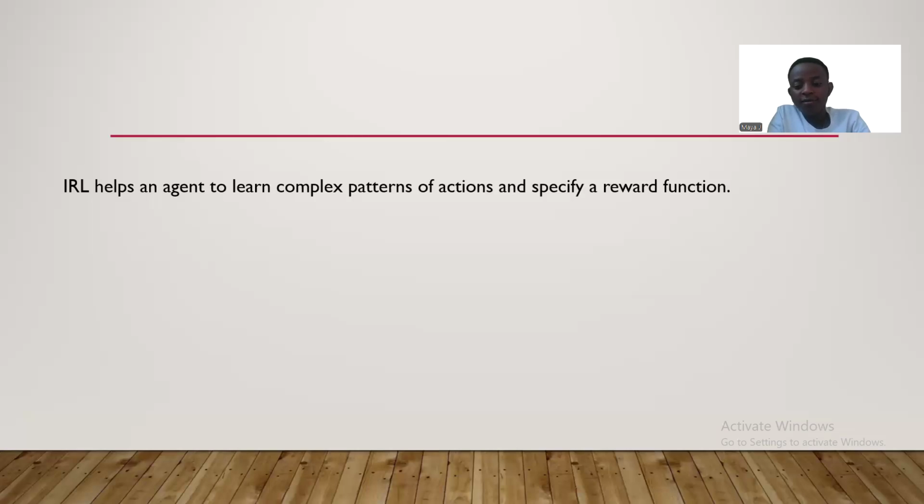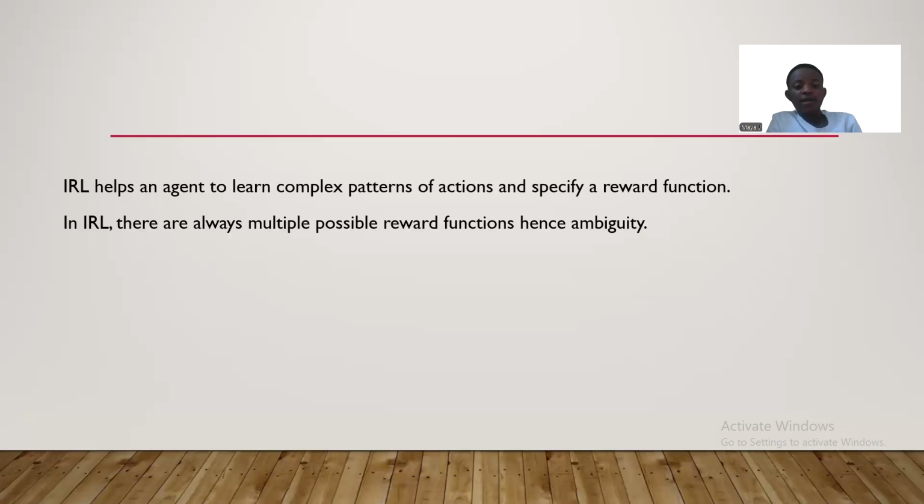However, we only have the expert trajectory, and it is what you're using to generate the reward function. But there are always multiple possible reward functions, and this always causes ambiguity.